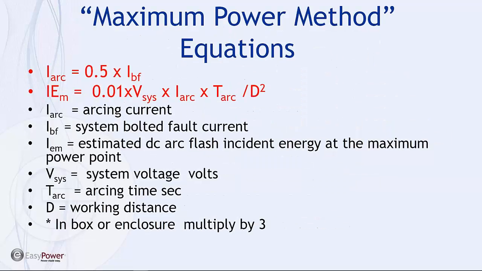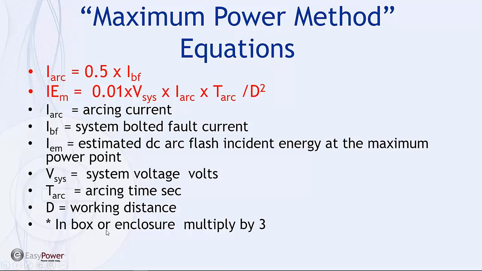Okay, with that said, what it boils down to, the maximum power method says the arcing current is half of the bolted fault current, and so then to get the incident energy, you take 0.01 times the system voltage times that arcing current times the time of the arc divided by the working distance.